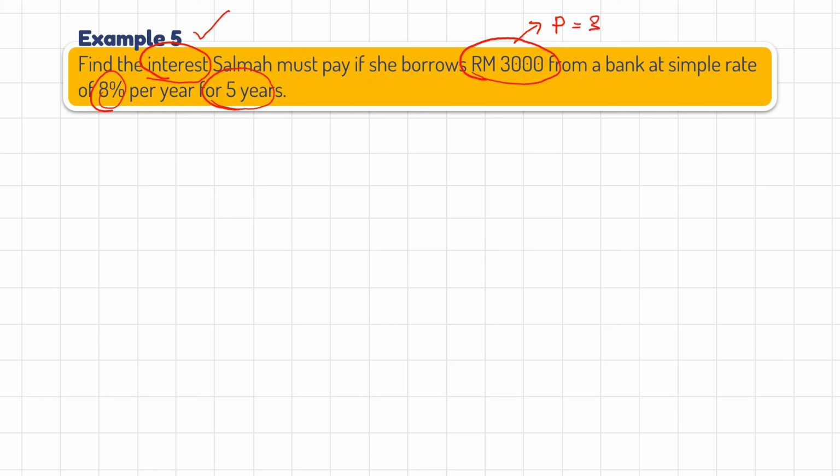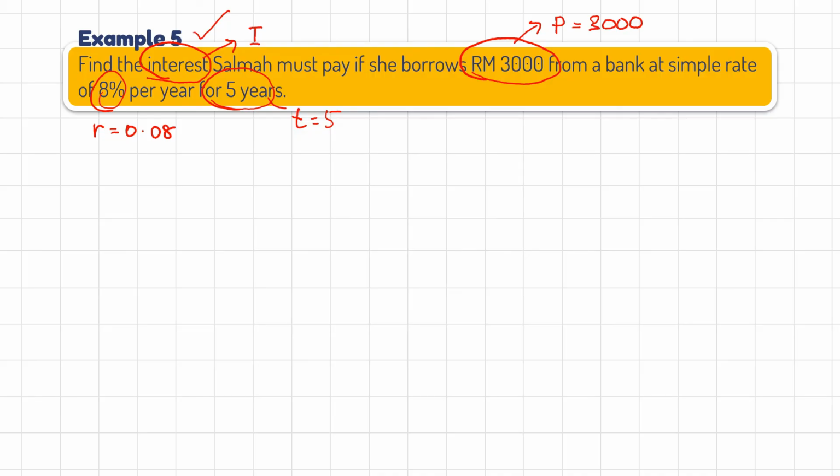P equals to 3,000. The next one is we have 8%. So this is our R, 0.08. Then we have T, which is 5 years. The one that we need to find is the interest, which means the capital letter I.